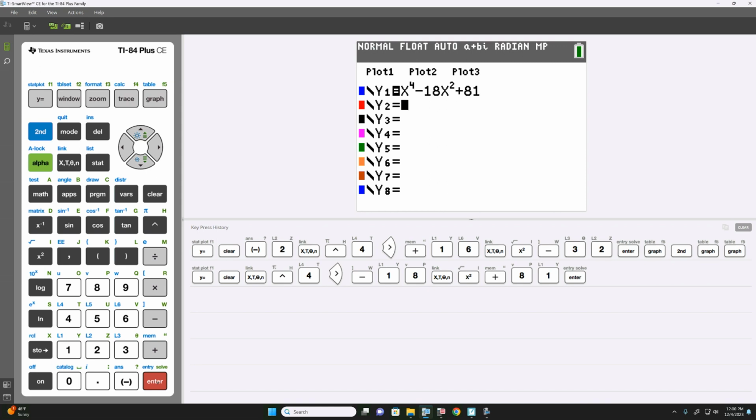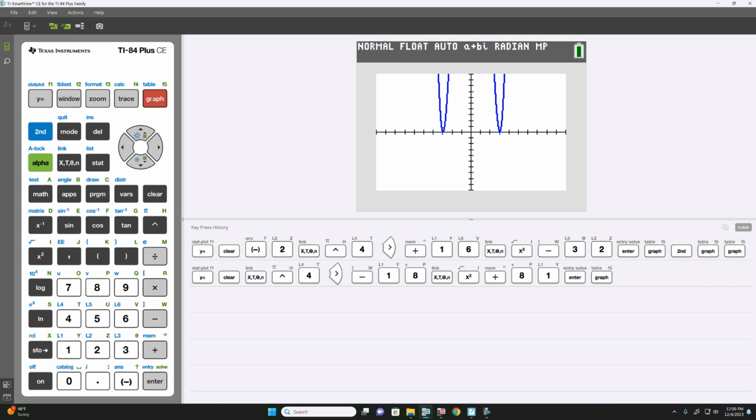Are you all able to get that typed in? Now the next thing we're going to do is hit graph. And as we look at this here, we see that it intersects the x-axis in 2 places. Question? Are you able to get the graph?